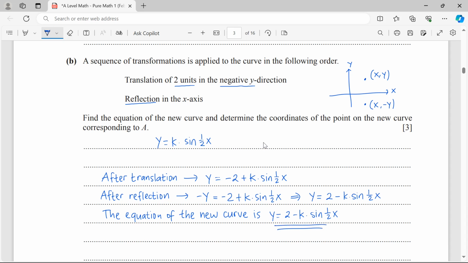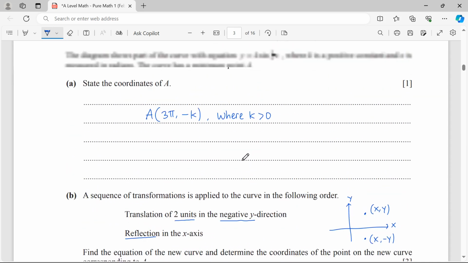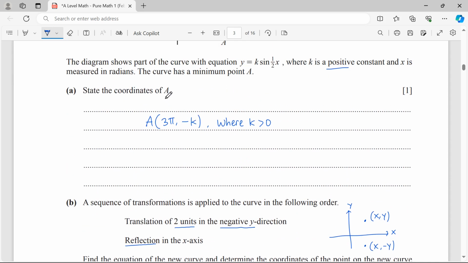Now the second question, we have to determine the coordinates of the point on the new curve corresponding to A. Previously, we found that A has the coordinates of 3 pi, -k.